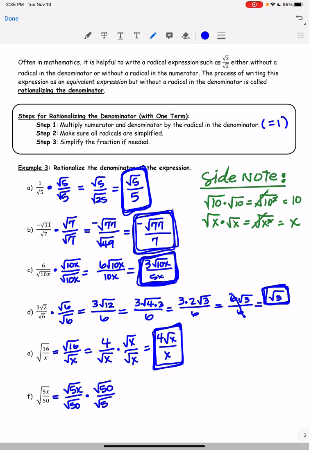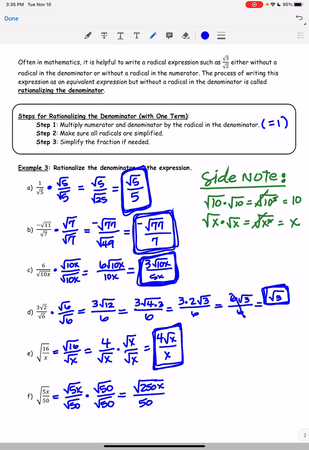Square root 50. So square root 5x times square root 50 gives me square root 250x over 50.